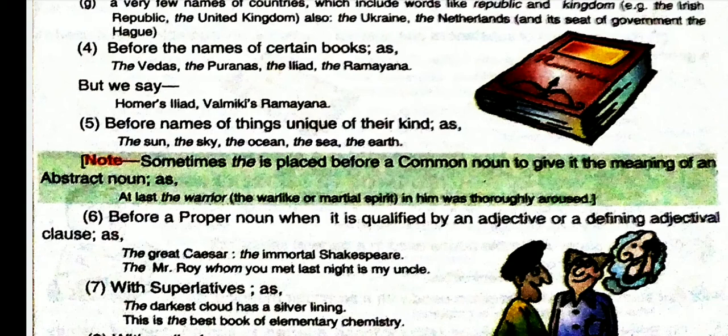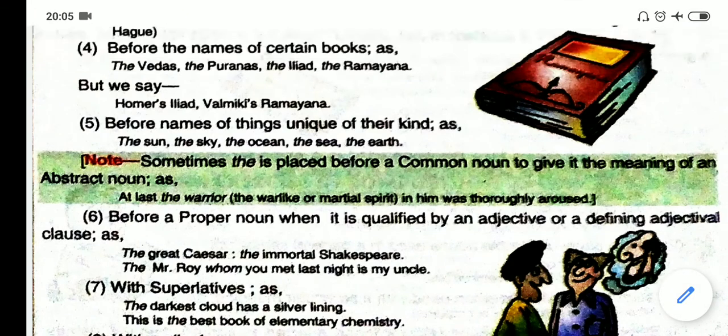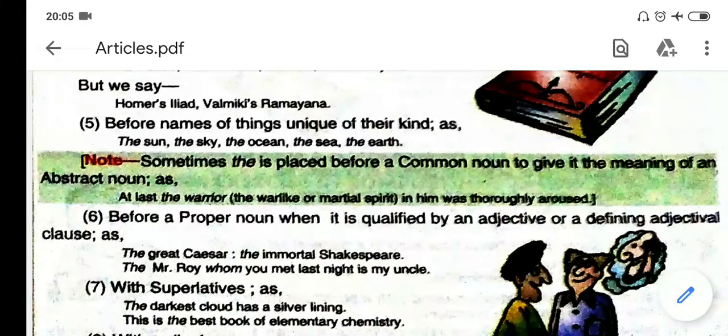At last, the warrior in him was thoroughly aroused. In this case, the warrior means the warlike or martial spirit inside that man. So the warlike or martial spirit in that man is an abstract noun.